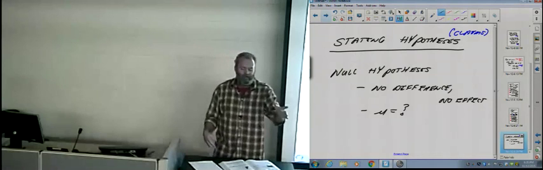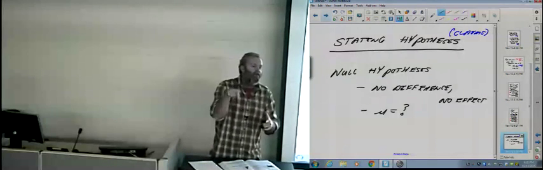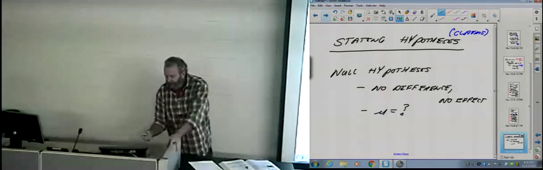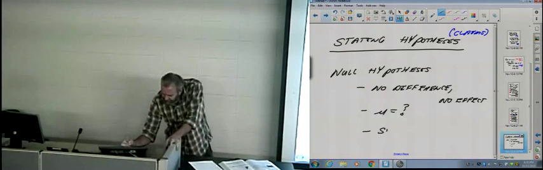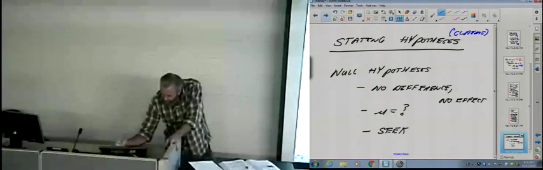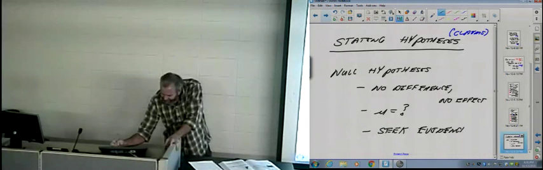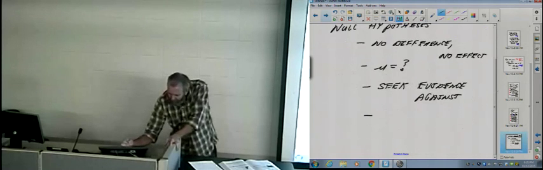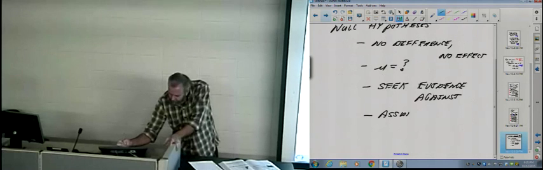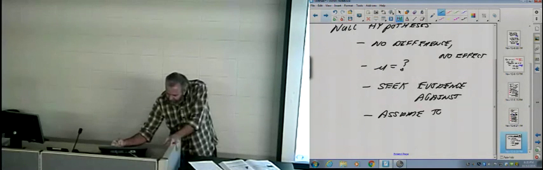The null hypothesis is always mu is equal to some value. This is the one we seek evidence against. This is the one we assume to be true.